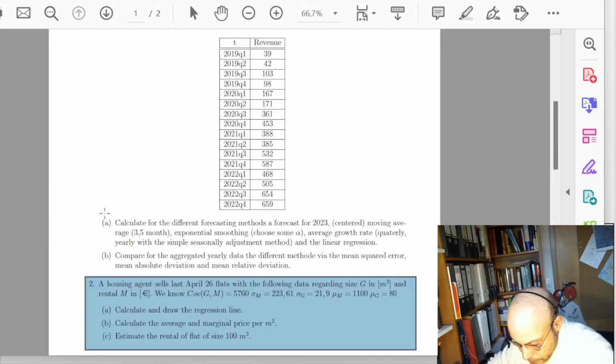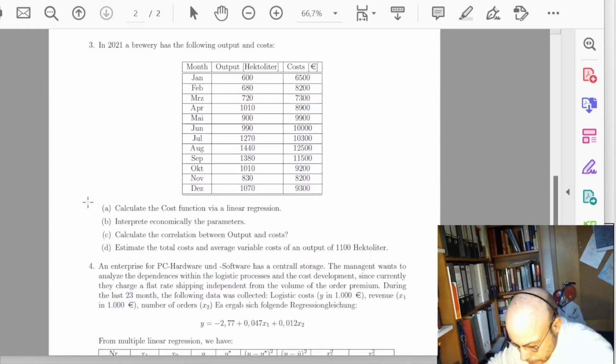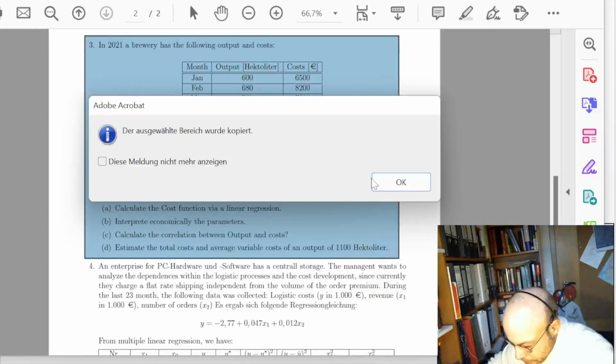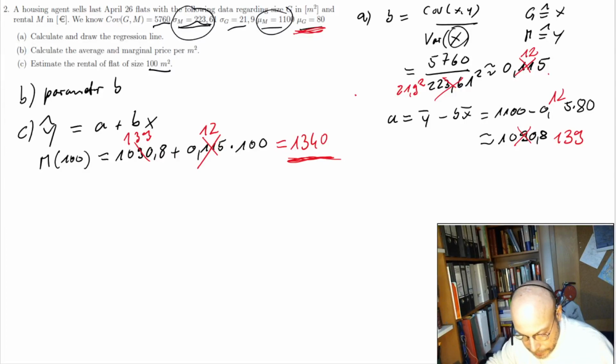Next one. Three. Now at first, this one.